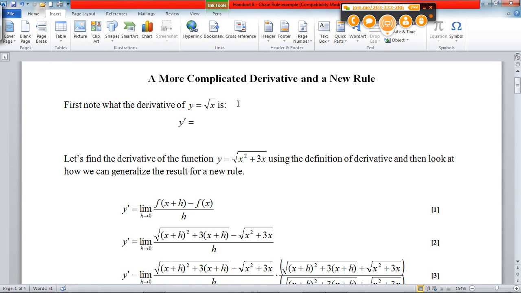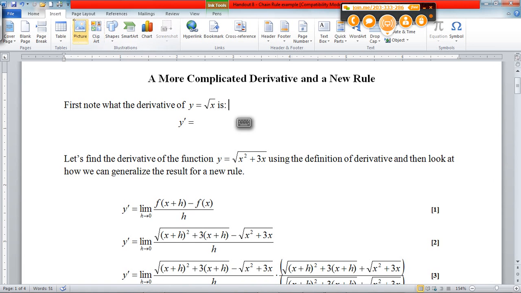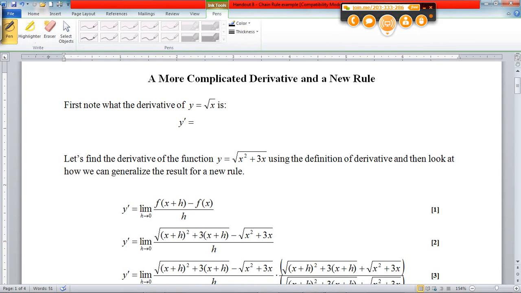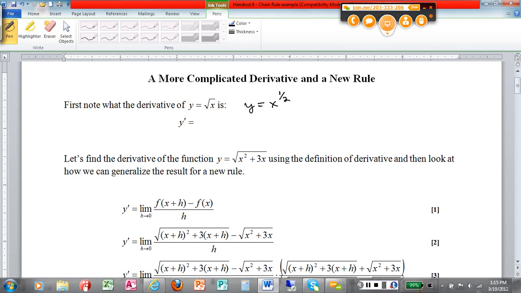Well, as we know, we are going to change that. How do we do the square root of x? Or do you know it right offhand? Yeah, that's x to the 1/2 power, right? And when I have x to the 1/2 power, then I can just use the power rule, right?